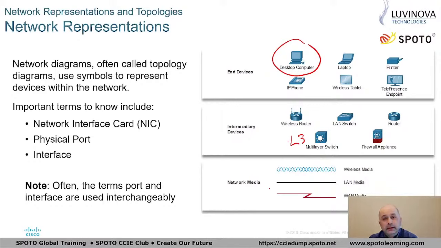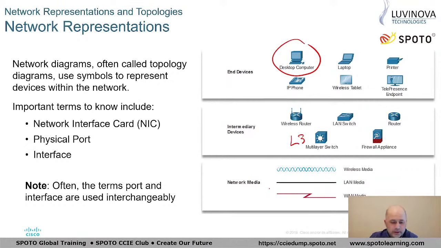Here as well, network media. It's created by wireless transmission, LAN media, which is actually our copper cable or fiber optics cable, but mostly copper cable, and WAN media. WAN media is created by fiber optics or serial cables. We'll talk about that as well.